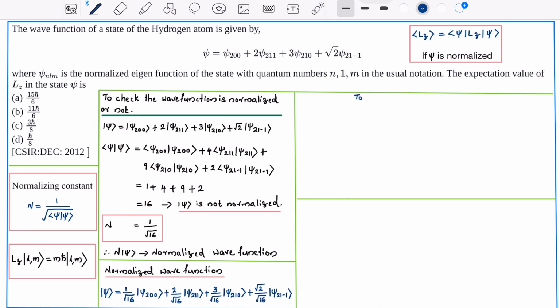Now let us find out what is Lz psi. What happens when Lz operates on this normalized wave function psi.